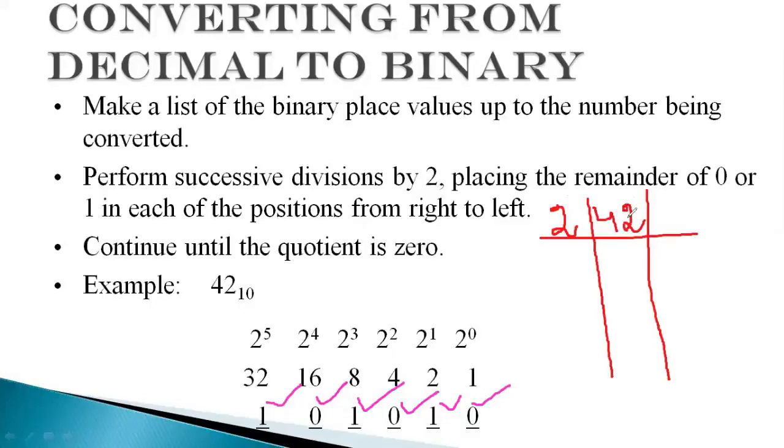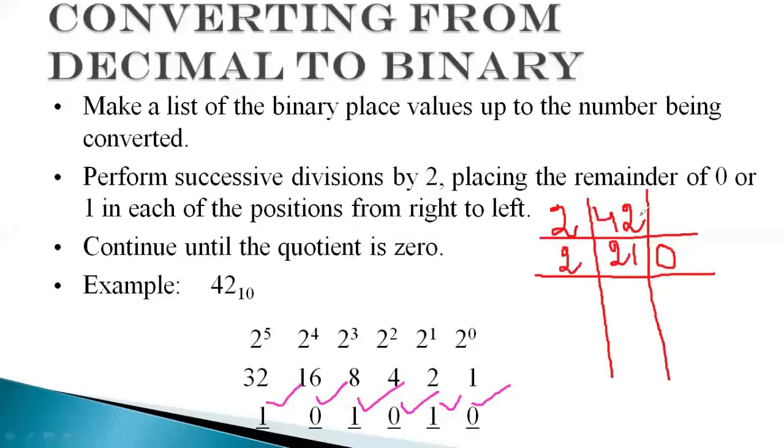Otherwise, we will get the remainder 1. Let's continue the process. 2 21s are 42, remainder will be 0. In the middle of the chart, we write the quotient, and at the right hand side of the chart, we write the remainder. Let's continue it.